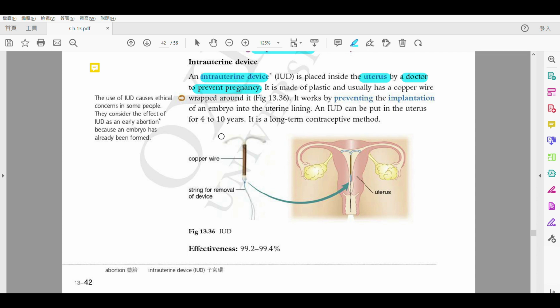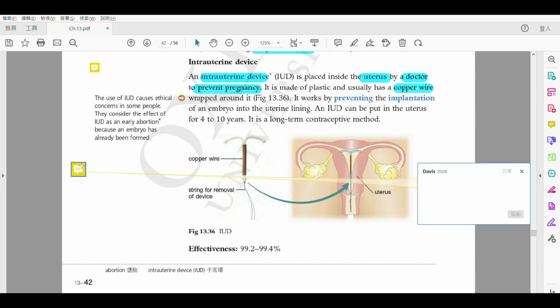Okay, so it's made of plastic mostly. You can see the white region is plastic, and then there is a copper wire. Copper is 銅. So what is the function of this copper wire? Did it say? No, you can put this down.